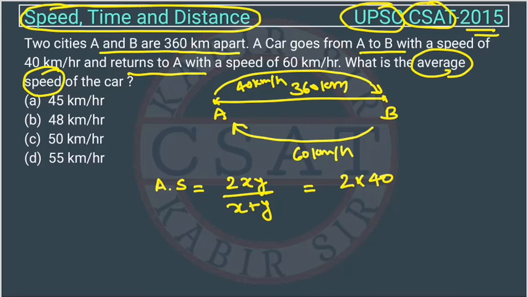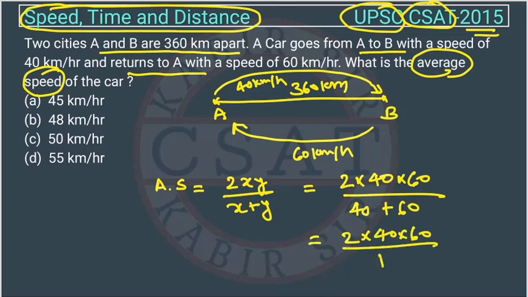It will be 2 into 40 into 60 upon x plus y, where x is 40 and y is 60, so 2 into 40 into 60 upon 100.